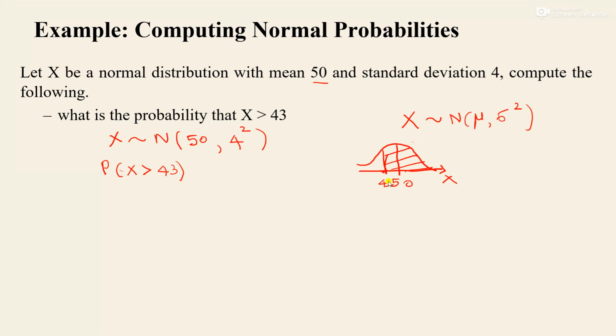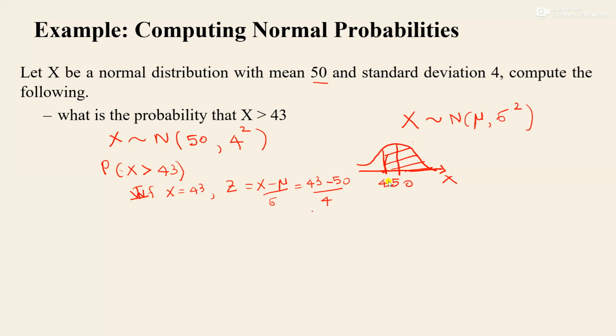Right? So now the boundary points, we have to calculate the corresponding z values. So x equal to 43 is the boundary point. What is the corresponding z value? When x is equal to 43, z equals x minus mu over sigma. x is 43 minus mu 50 over sigma, the standard deviation 4.